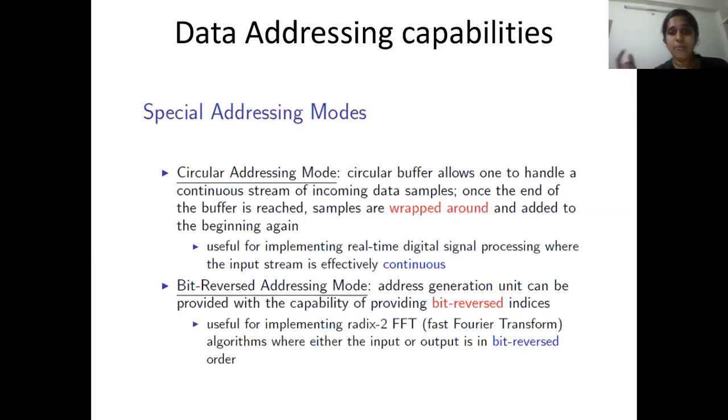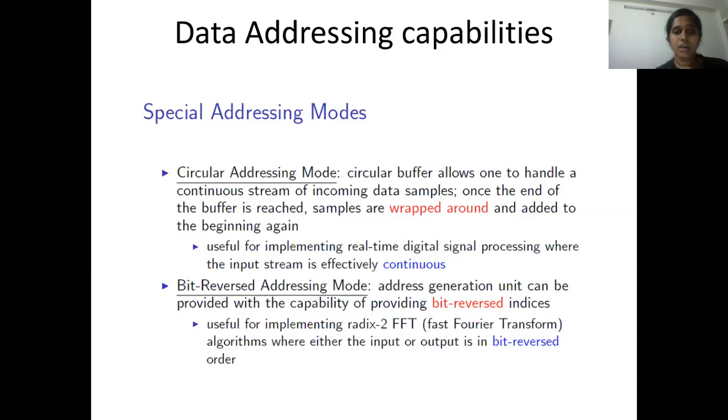If I take 1, the binary representation of 1 is 001. If we reverse that, it will be 100. So 001 is 1, the input index, and the output index is 4. This is how the reversing of the bits is done. So this is an address generation unit provided with the capability of generating bit reversed indices.